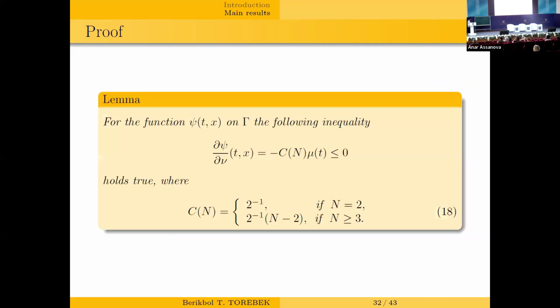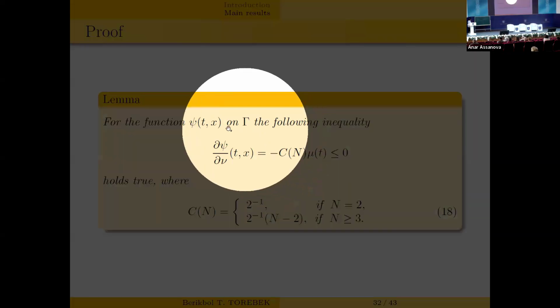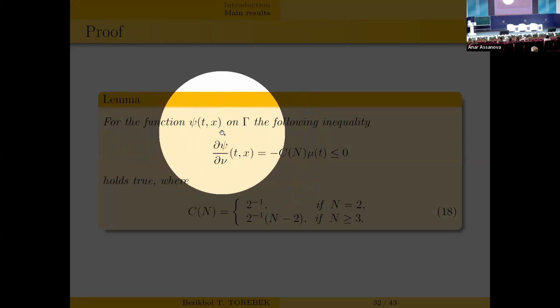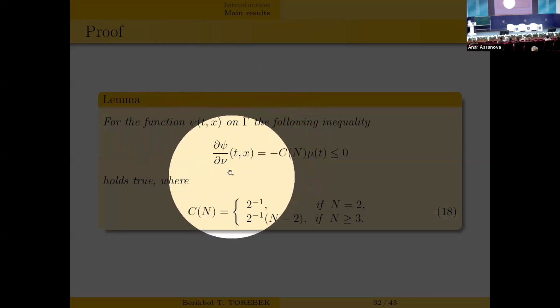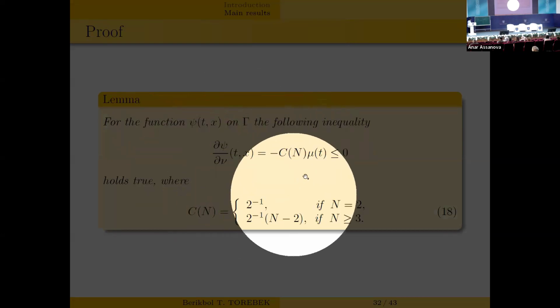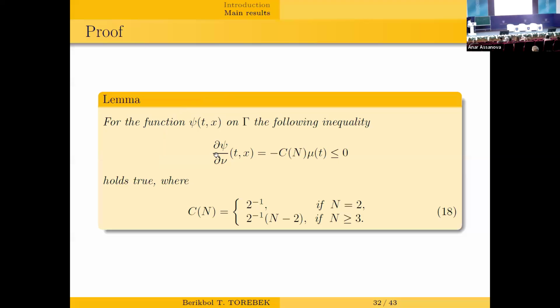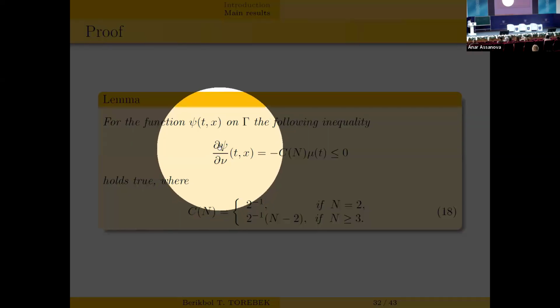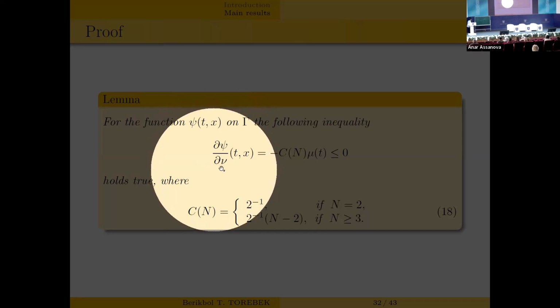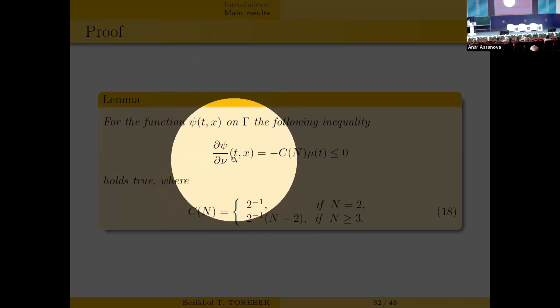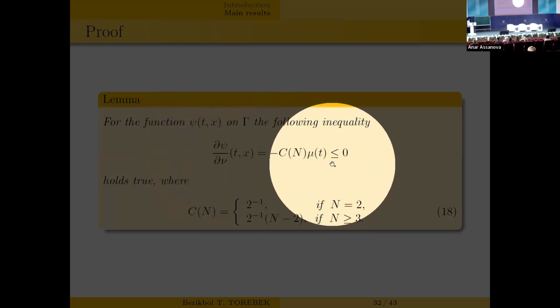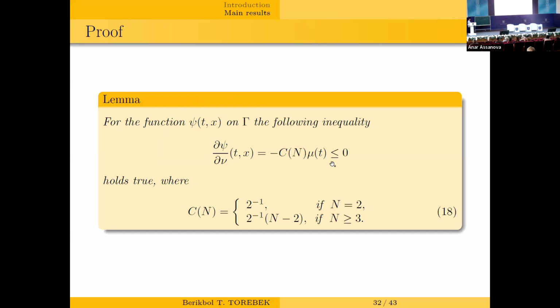Then we formulate the first lemma for the function psi on the boundary gamma. We have this kind of differential inequality. It means that the normal derivative of function psi is non-positive on the boundary.